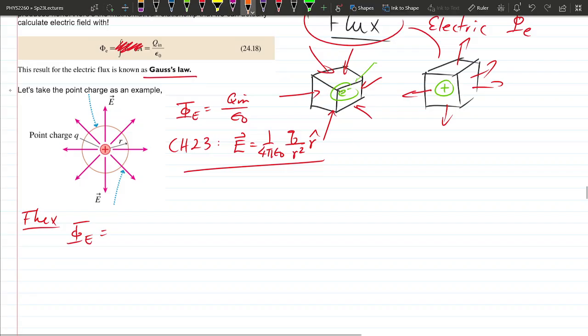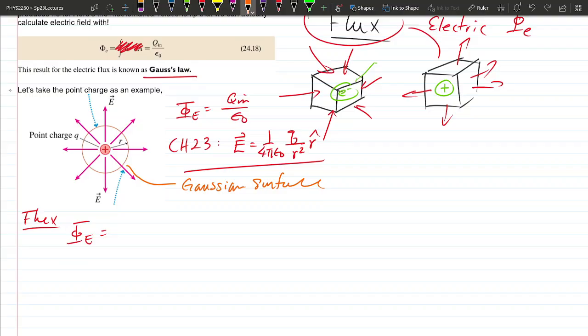This orange thing here is known as the Gaussian surface. On the board it looks like a line, but just imagine I enclose the charge with an orange sphere, a big orange ball around that charge, and it has some radius r.